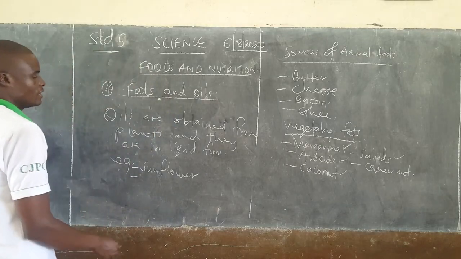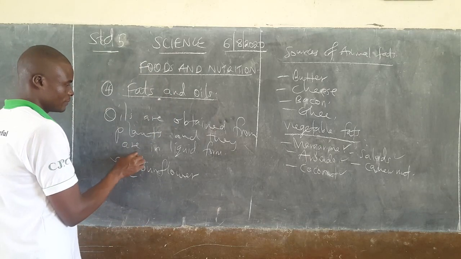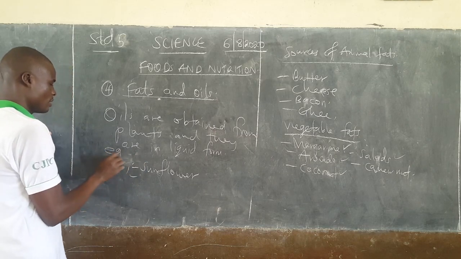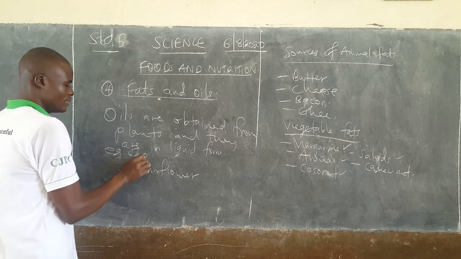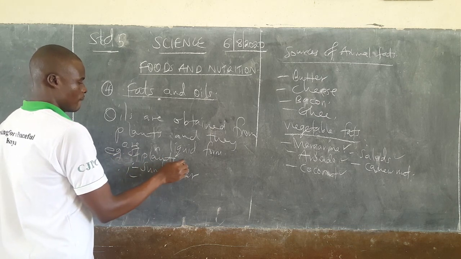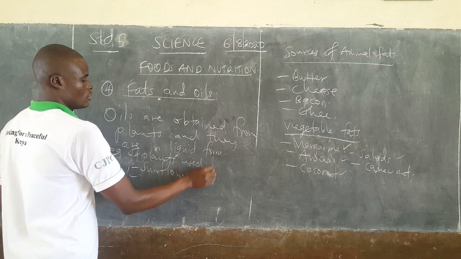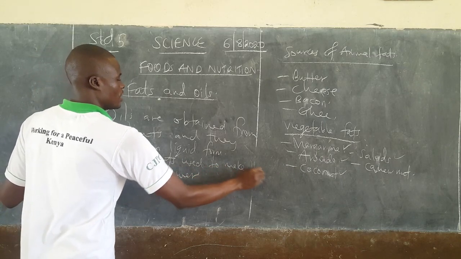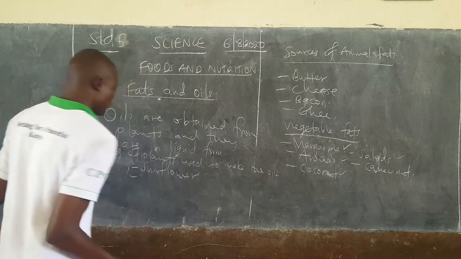These are just examples of plants, plants used to make the oils. So we have mentioned sunflower.